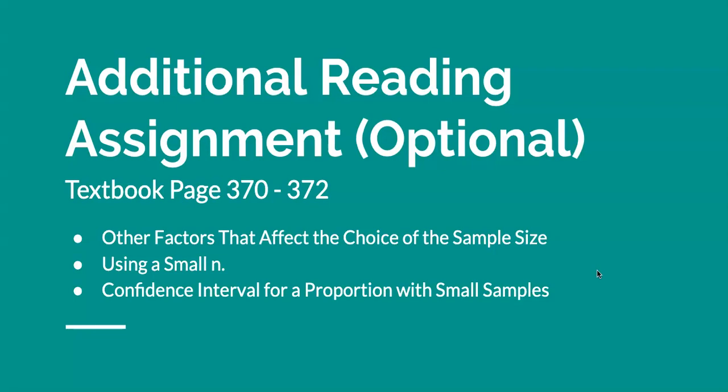You can read the textbook section, those 3 sections that I mentioned earlier, to learn more about the other factors that affect the choice of the sample size, what happens if you use a small sample size, and the confidence interval for a proportion with a small sample size. But that's it for chapter 8.